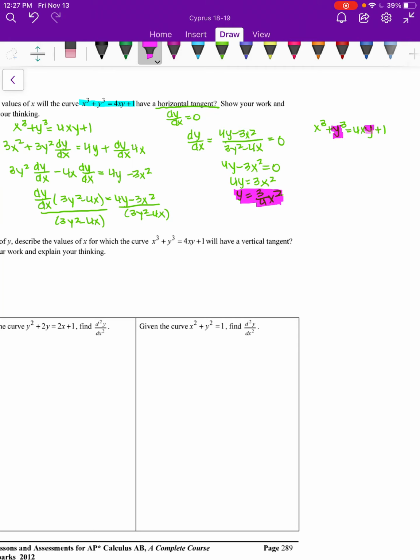Wherever I see y, I'm going to replace it with that value that we just got. So this would be x to the third plus (3/4 x squared) to the third equals 4x times 3/4 x squared plus 1.